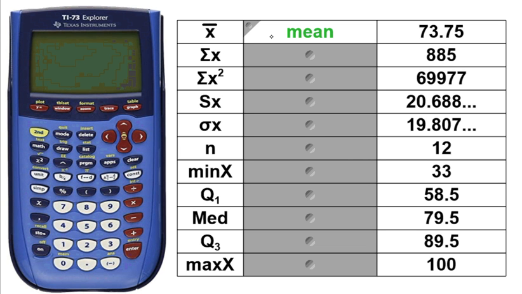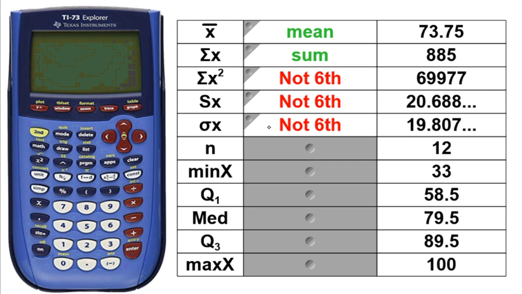So this just calculated the mean for you. The little symbol followed by the X, that 885, that's the sum. So basically they added them all up and divided, and that's how they got that mean. This next little one is not something we use for sixth grade, so don't worry about it for right now. Same with this one, same with this one. Eventually, you'll use those in different math classes, but not this year.